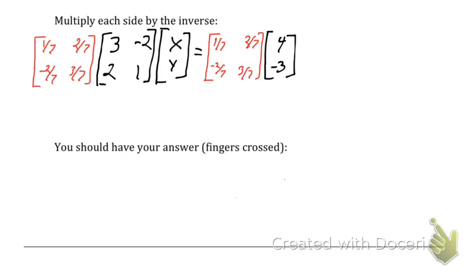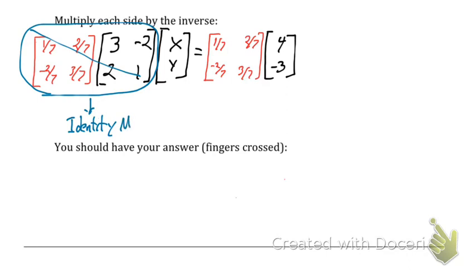So we're getting rid of this because it becomes our identity matrix. Our identity matrix times x, y just becomes x and y. So we're just left with x and y on this side.